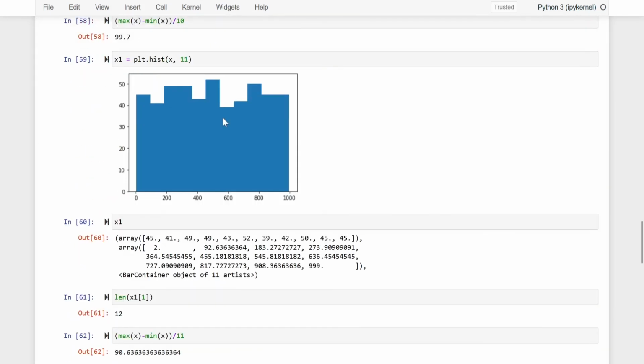That is fine. Absolutely no issue. What the system will do is say, hey, let us count how many numbers are there between 2 and 92.63. So it has counted, and it is telling there are 45 such numbers. How many numbers are there from 92.63 to 183.27?